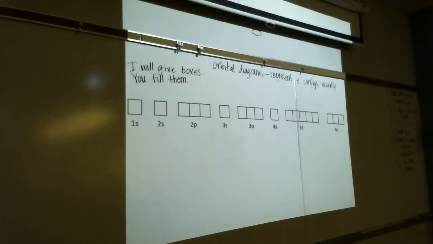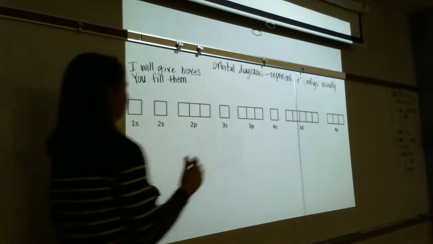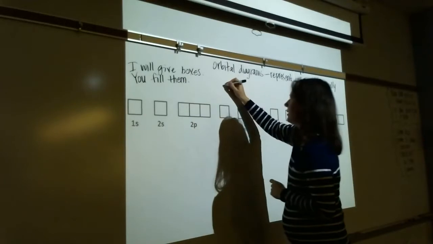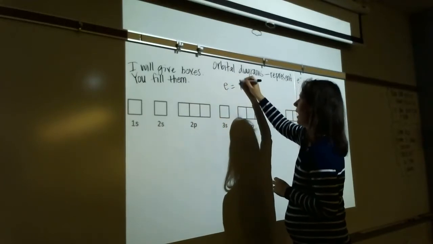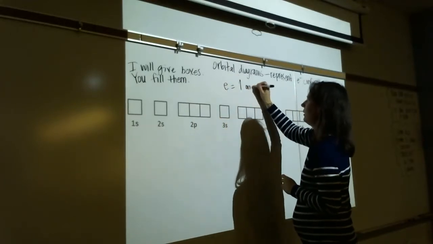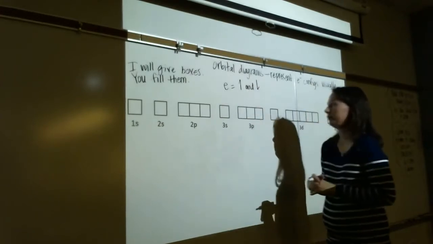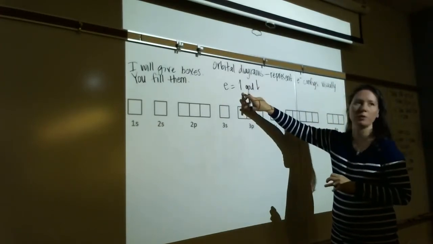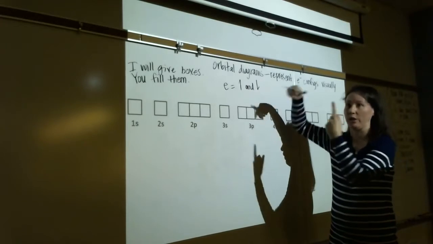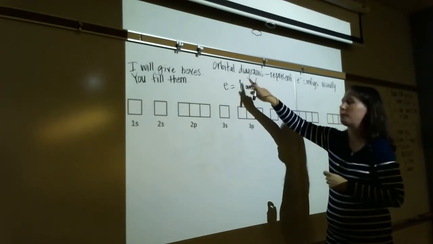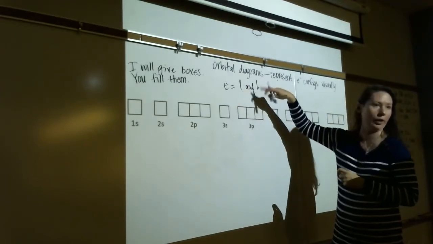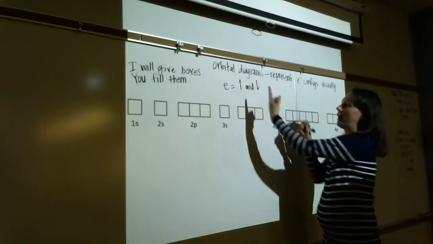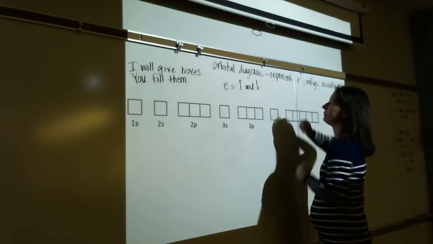Now, we have one little rule that we have to follow. Electrons are represented by up arrows and down arrows. The reason why one of them's pointing up and one of them's pointing down is because they're opposite spin. So this one might be spinning clockwise, this one's spinning counterclockwise. So one arrow is pointing up, one arrow is pointing down, but it's half arrows.